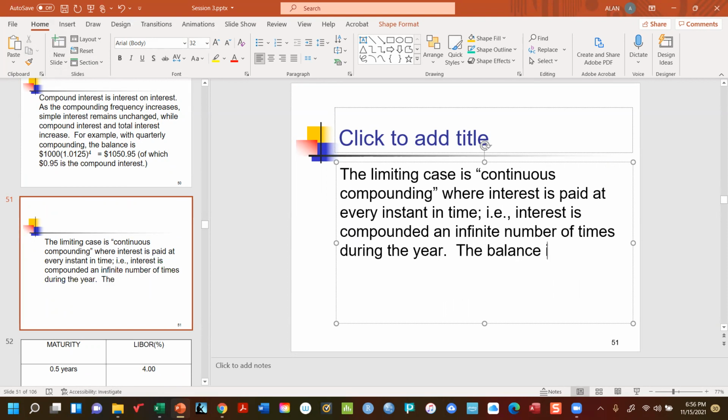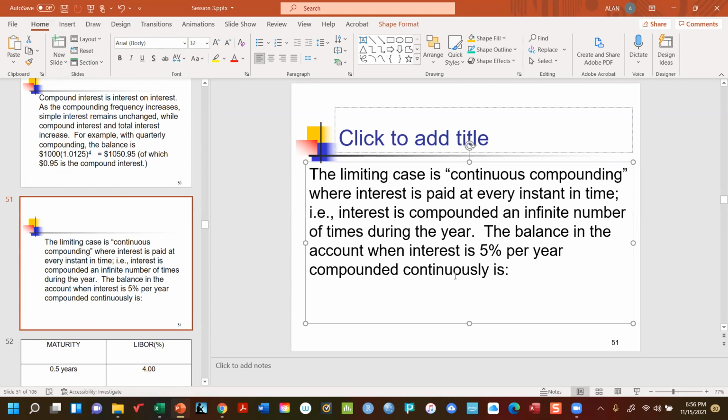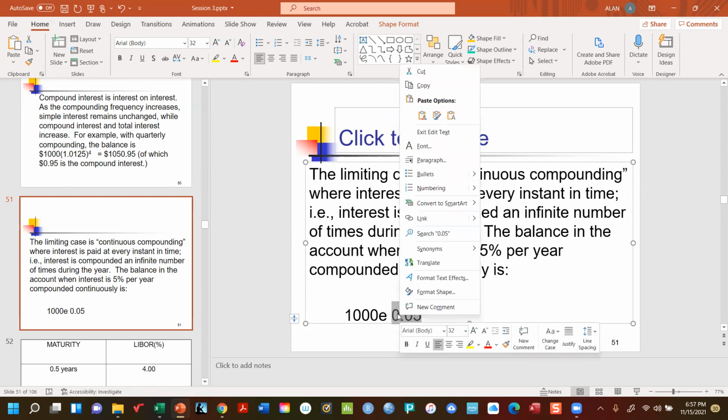The balance in the account when interest is 5% per year compounded continuously is, and so it's not going to be what you think, we're not going to use that same formula. Instead, what we have here is 1,000 times e, which you may have seen before, raised to the 0.05 power. Okay, here we go.